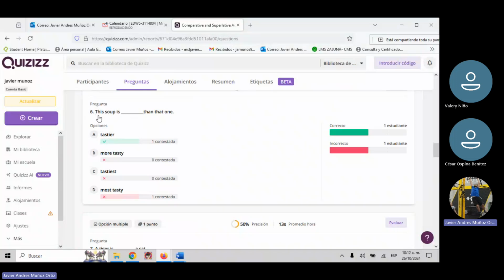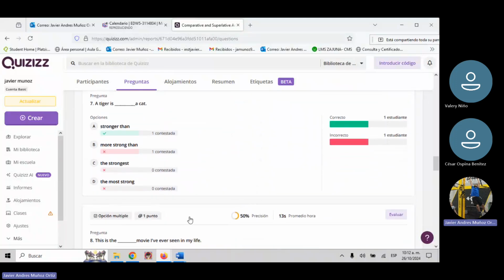In this case, we're comparing the soup I have here in my hands, the ajiaco, against the other soup on the other table, a consommé. So I am comparing one against one. It's a comparative adjective. Tasty, the normal adjective. Tastier, the comparative form.